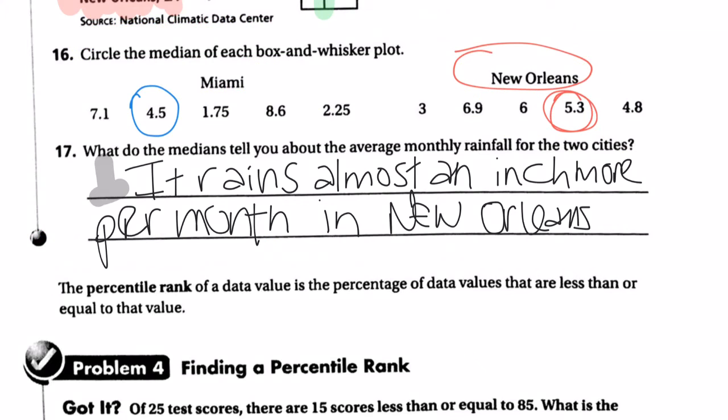So again, since we have 5.3 and 4.5, it rains almost an inch more per month in New Orleans, or you could say it rains more in New Orleans, it rains less in Miami. There are a lot of different things that the medians tell us about in this box plot.